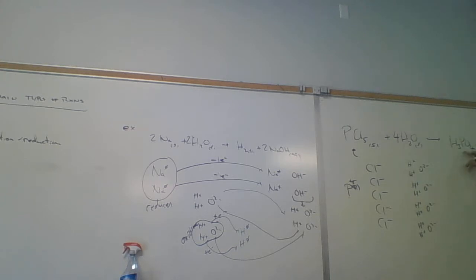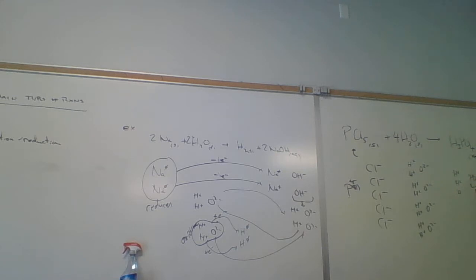All right, H3PO4. H3PO4 consists of 3 H pluses and a phosphate. And so what we're going to do is break down the phosphate and pretend it consists of ions. So what ions would it consist of?